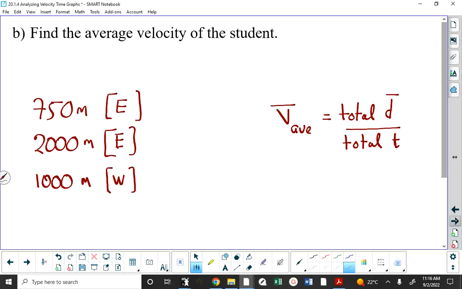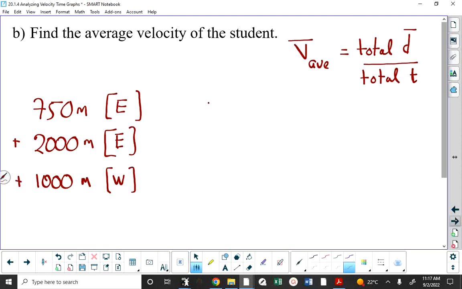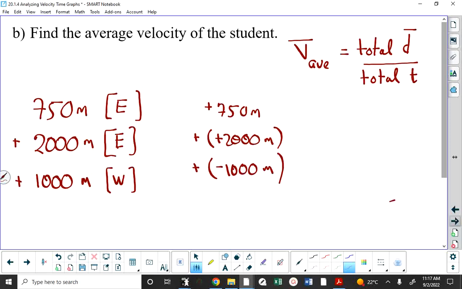When I add these together, I want to turn this into something where I don't have to think about the directions. So I translate it into the following. When you look at a map, everyone, imagine a map of Canada.